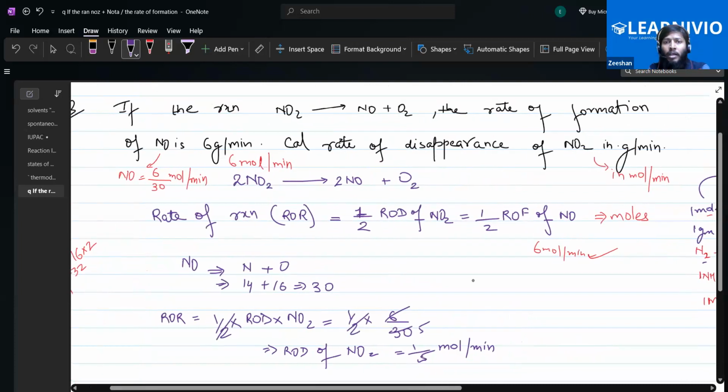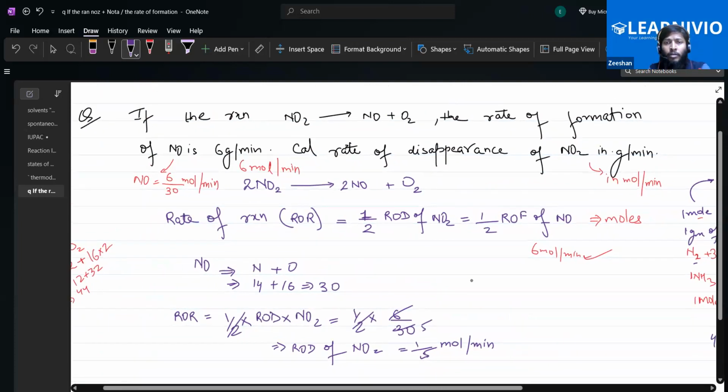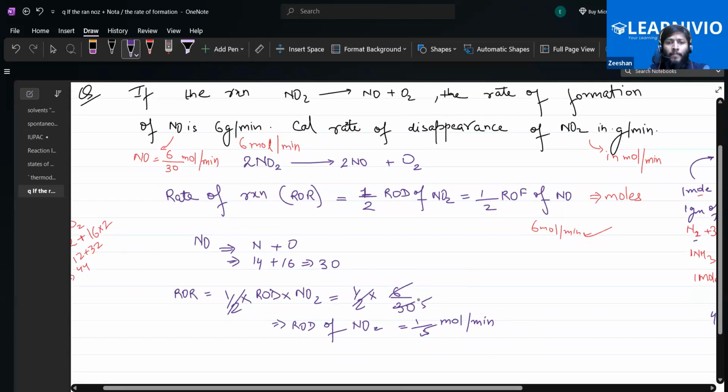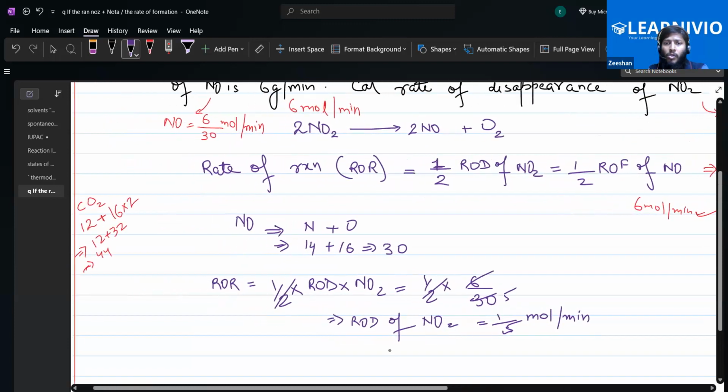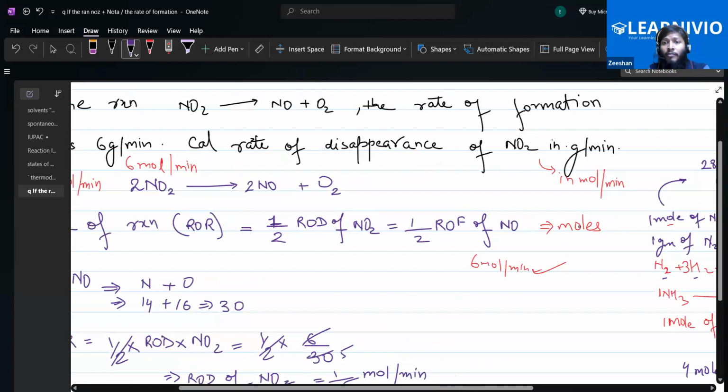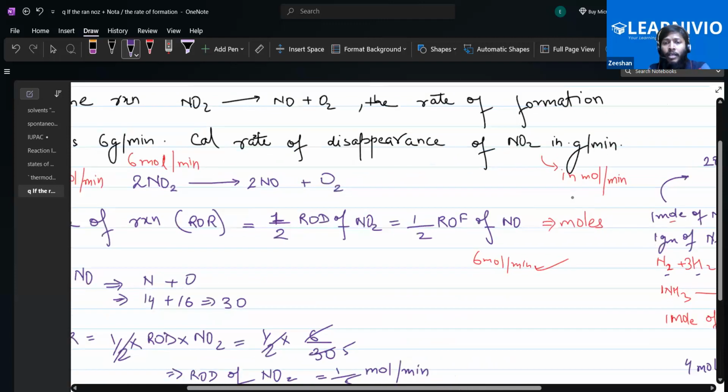Are you copying the solution of this question? I will give you time. Just look over here. So the rate of disappearance of NO2 is 1 by 5 mole per minute. Till here, are we good? But the answer we have to take out in gram per minute.